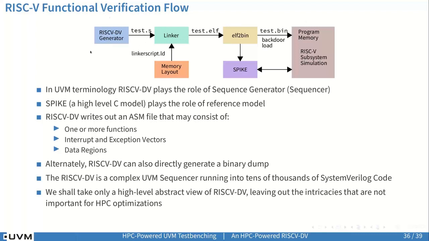This is just to give the context of how the RISC-V-DV generator generates stimulus for processor verification. Now there is an alternate way of doing it. Instead of linking it using a linker, the RISC-V-DV generator can directly generate the binary file as well. But that's not something we'll explore. We'll just explore how it generates the assembly language file.